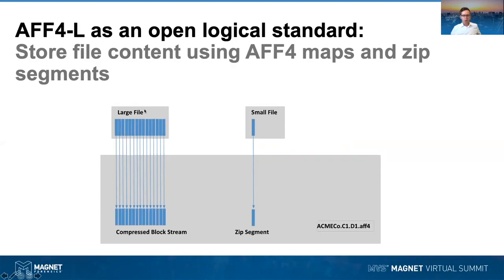So there's a proposal in the AFF4L spec that for small files, we can actually store them just as a zip segment. I haven't mentioned this yet, but the AFF4 format is actually based at its roots on the zip application. So we can reuse some of that lower level plumbing to store some logical files where it makes sense.